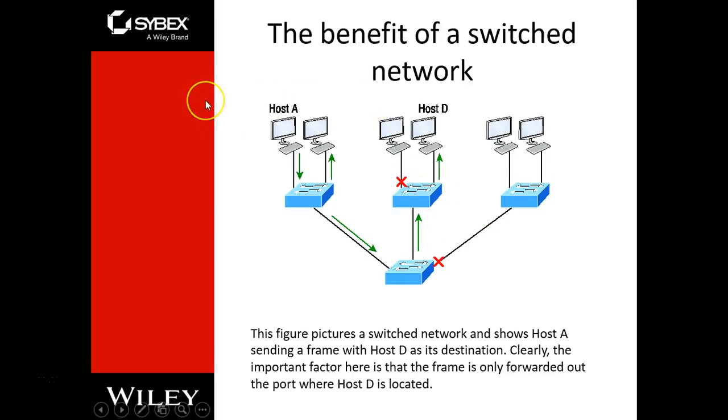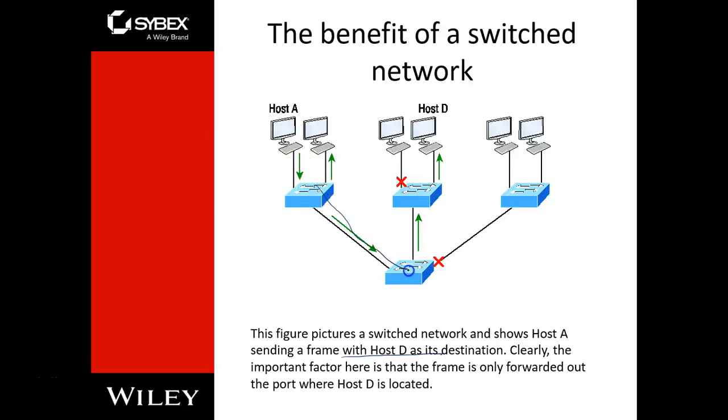So the benefit of the switch, and this is the same thing that we did last night, or Tuesday night, is we create the MAC address table so that when we go from one to the other, it shows host A sending a frame with host D as the destination. Host A sends it out.